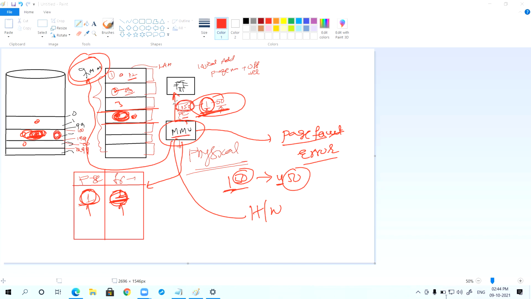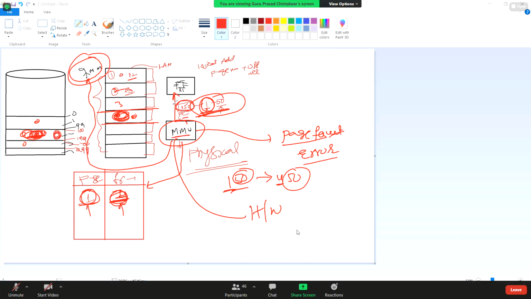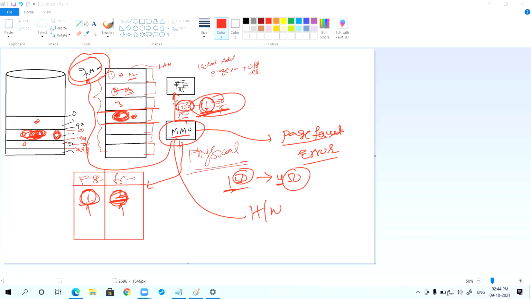When the MMU demands the page, its job is to upload that page and update the page table.